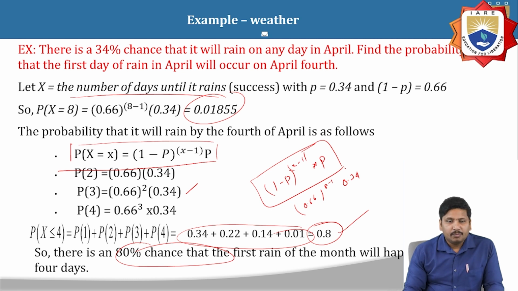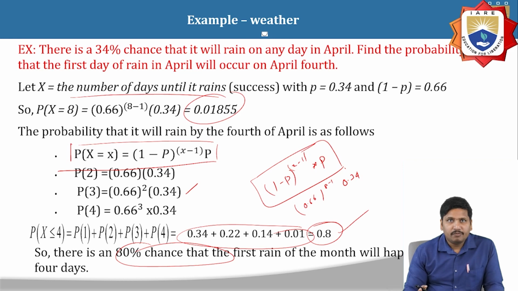So this is one of the examples of how we calculate with a geometric random variable. The question is that we have a 34% chance of rain on a day in April. Find the probability that the first day of rain in April will occur by April 4. For this, I consider X as the number of days until it rains, p as success, and 1 minus p as failure.